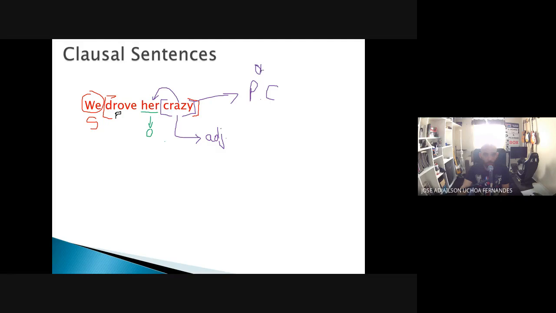It's an object-oriented predicative complement because it's going back to her to describe the state of being to which we drove her crazy. Okay, so crazy is a predicative complement. For now it's enough to say it's a predicative complement. It's also an adjective phrase.